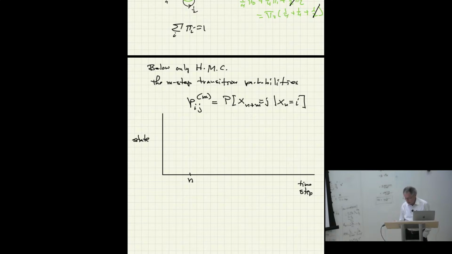Namely, I want to start off here and go from n to n plus m. So I'm going to go from n, and I'm going to work my way to some time n plus m steps further. Now, there's a whole bunch of states I can be in at time n, and let me draw a bunch of them. And there's a whole bunch of states I can be at time n plus m.